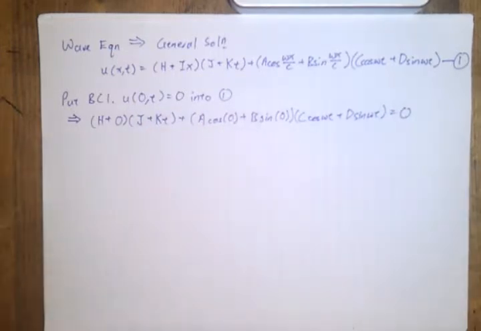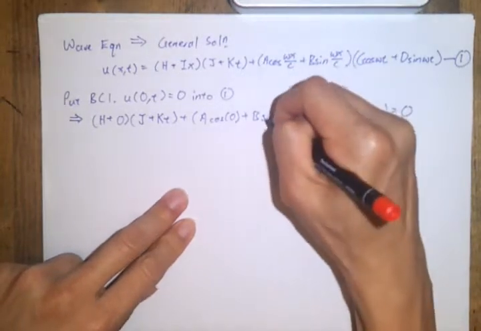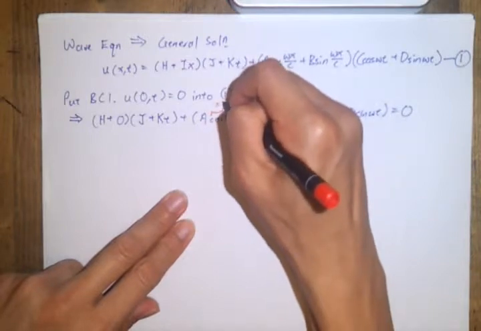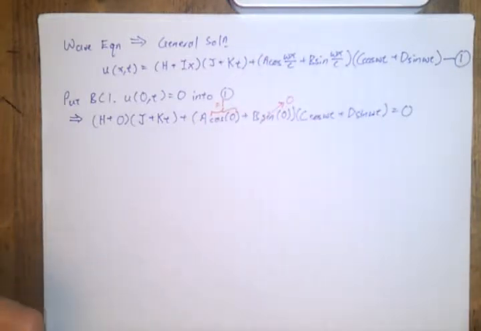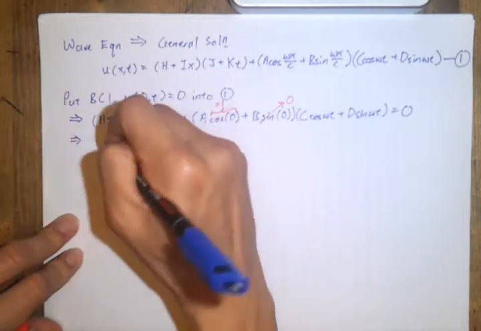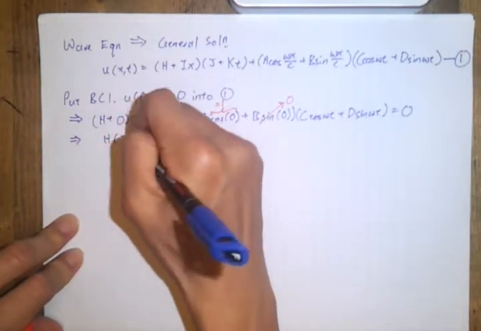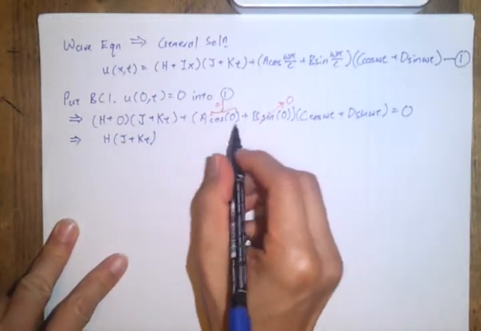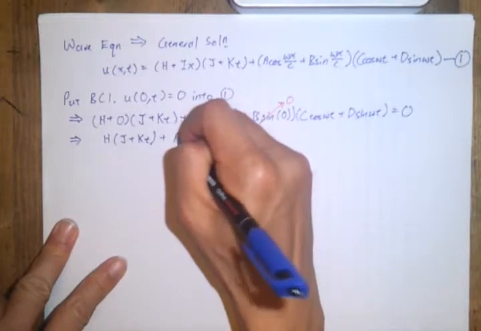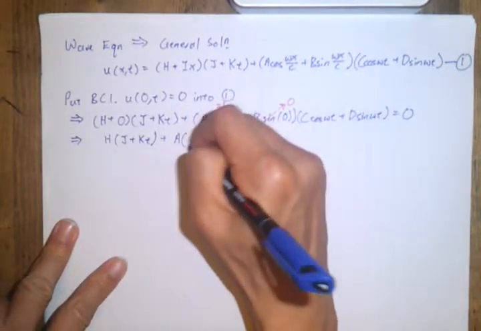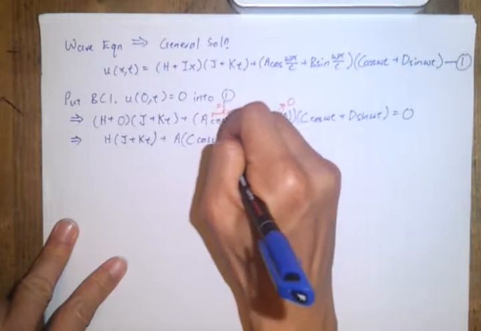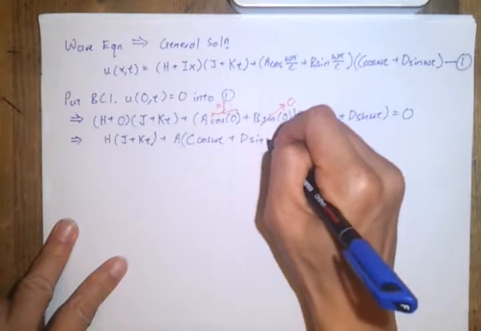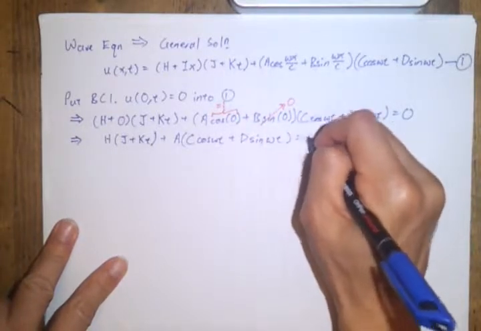Sine 0 is 0, so this term goes away. Cos 0 is equal to 1. So what you get is h times (j plus kt), plus a times 1, which is just a, times (c cos ωt plus d sin ωt), equal to 0.